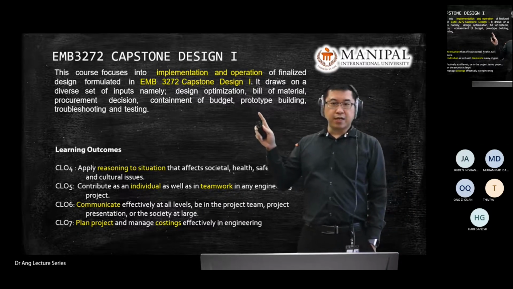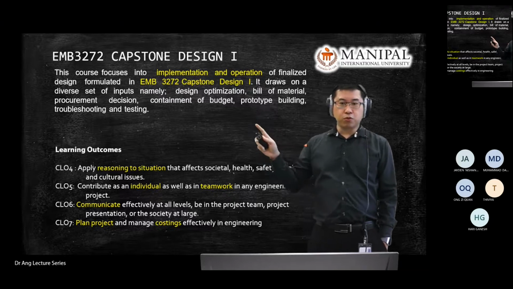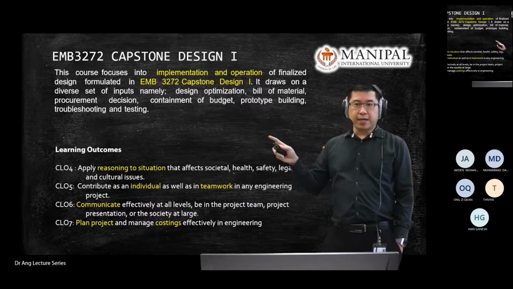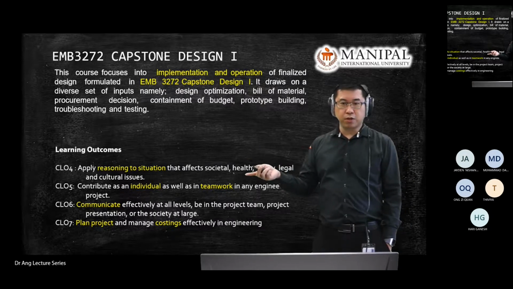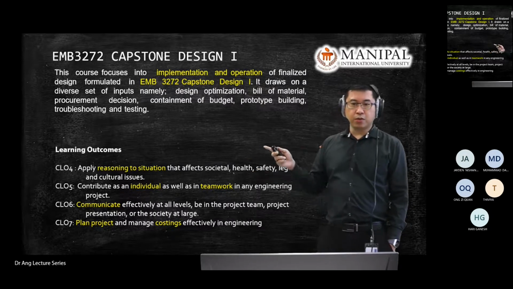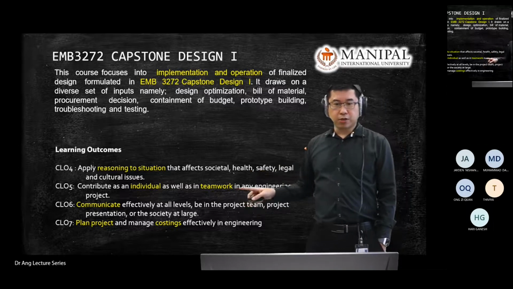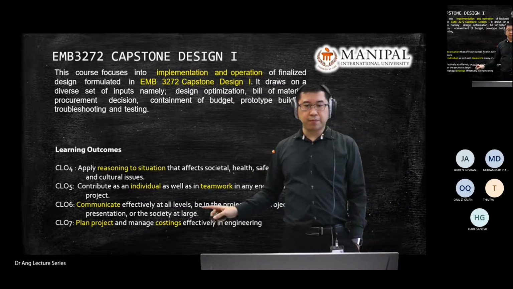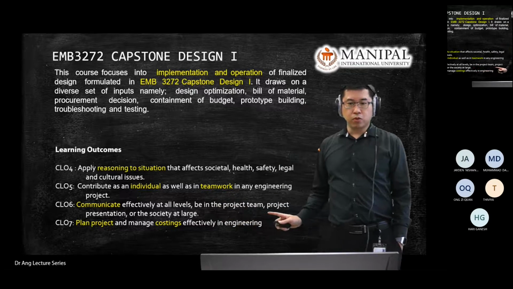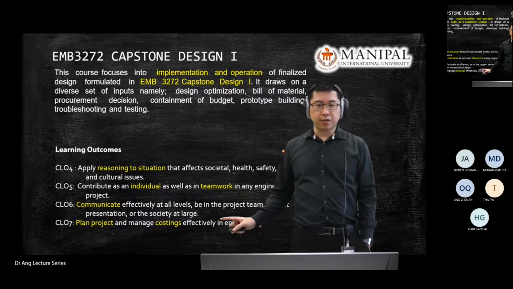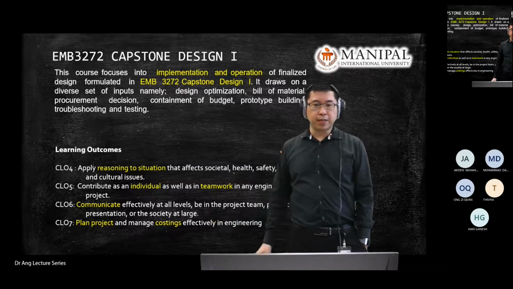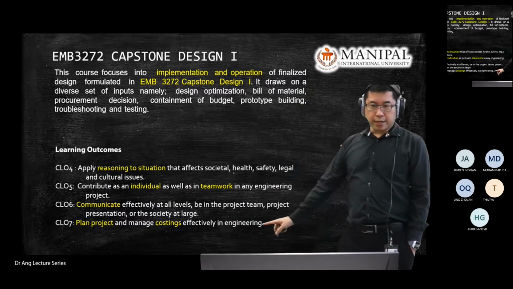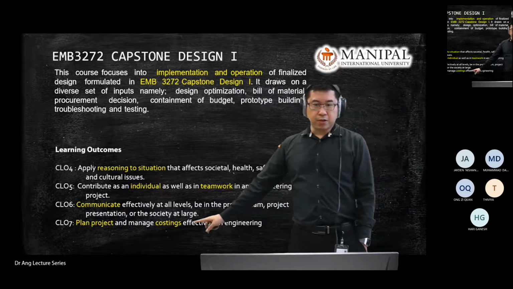Okay, I don't want you to be disappointed when you come to school without an appointment, and then you find out all the technicians are on leave. You cannot go into the workshop. We don't want to disappoint you. So make sure you communicate well at all levels. Okay. Make sure when you do your presentation later as a group or individual, you communicate well with your teammate.